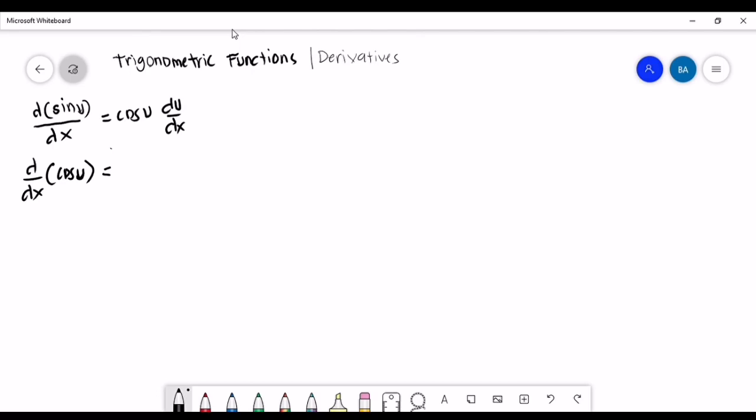The derivative of cosine u equals negative sine u, times the derivative of u with respect to x.